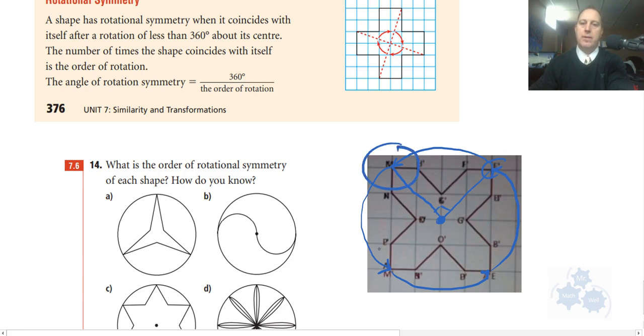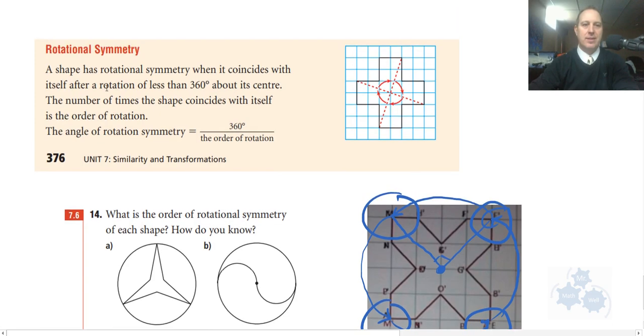So that's 1, 2, 3, 4 mappings within one full rotation. You see that? Let's take a look at what this says from your textbook. It says a shape has rotational symmetry when it coincides with itself after a rotation that is less than 360.